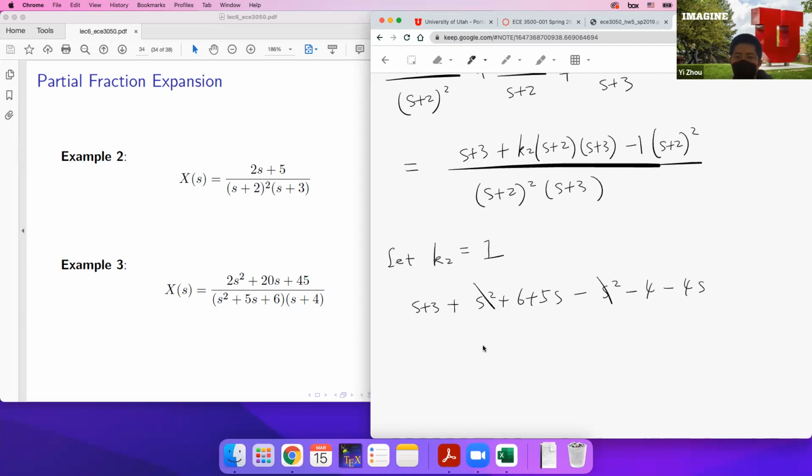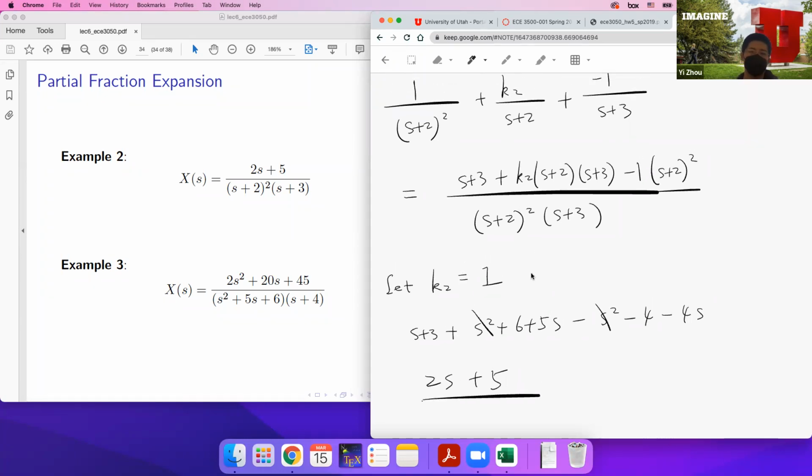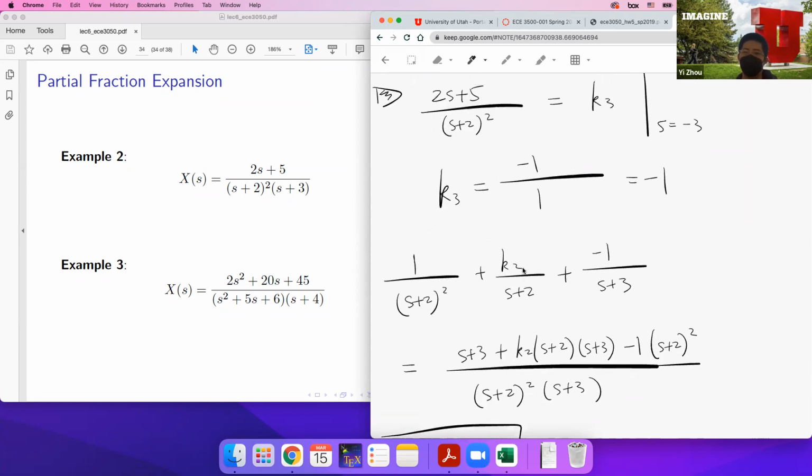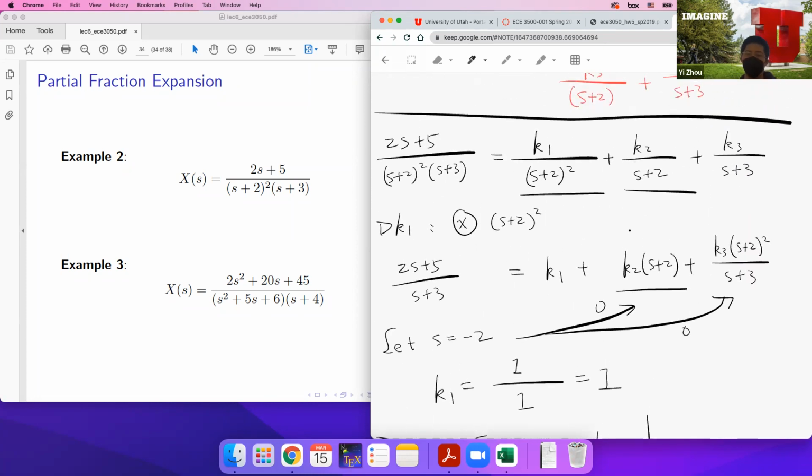These two cancel. 5s minus 4s plus s is 2s, and 3 plus 6 minus 4 is 5. Okay, it's 2s plus 5. So by comparison, you can tell k2 equals 1. So in the end, k2 equals 1.